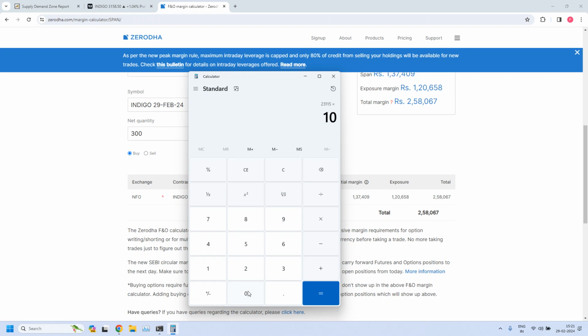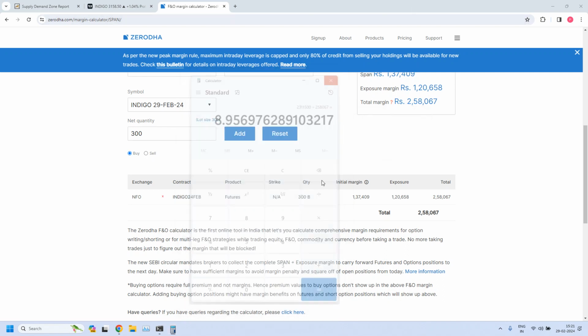Into 100 divided by 2,58,067. So 8.95. So the approximate value is 9% ROI, the rounded value. This is our 75 minutes demand zone trade. High liquidity zone. So another perfect trade.